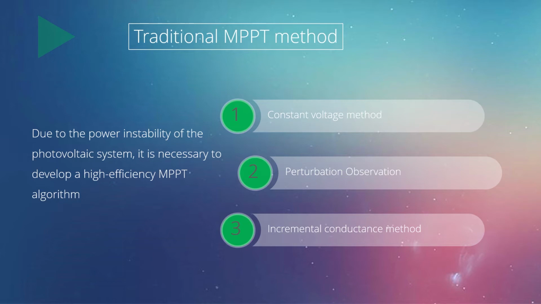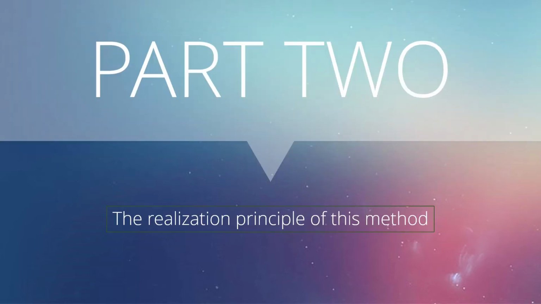Then the third one is incremental conductance method. Due to the poor stability of the photovoltaic system, it is necessary to develop a high-efficient MPPT method. Then we look at the second part.